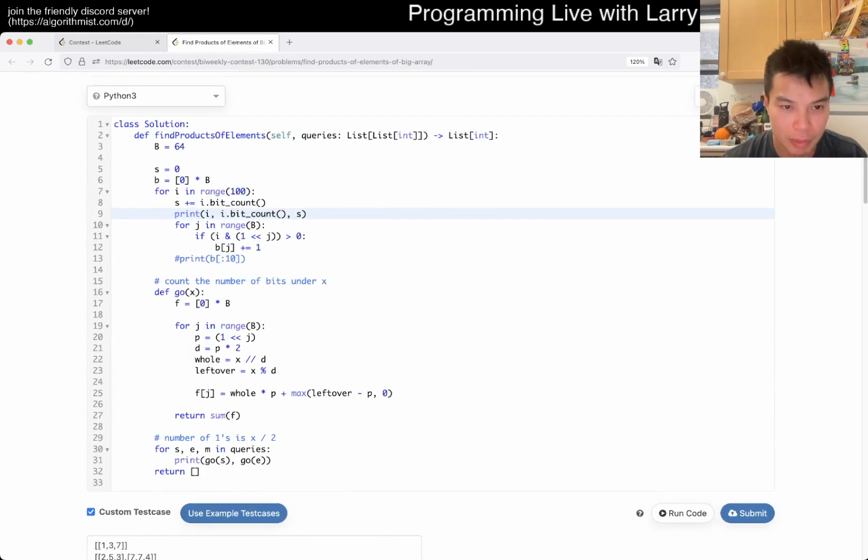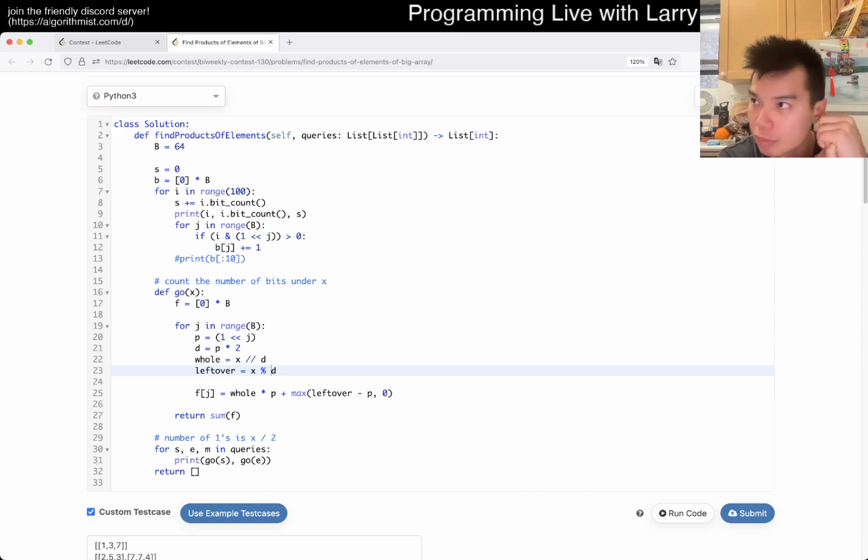I have 1, 1, 0, 1 P. Whole is going to be 0, that's fine. X is 1, leftover is going to have per 2, right? 1 should be 1 whole, so I think I'm just off by 1. Am I only off by 1?